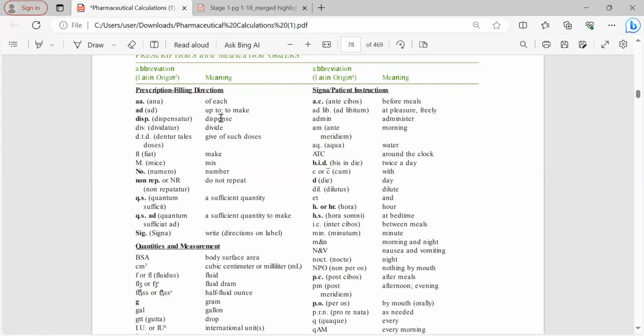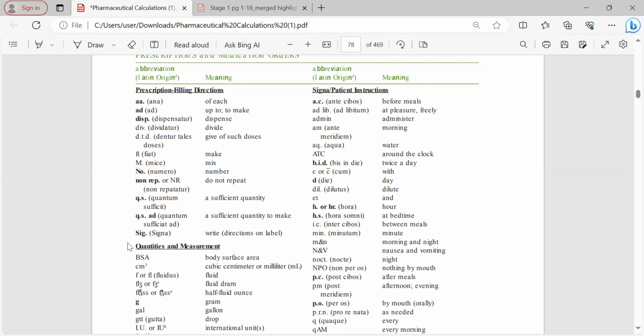Or instead of saying add to make, they'll use QS, to make a sufficient quantity. So they can use AD, QS, or QSAD to mean add this amount of water to make up to, or add a diluent, something like that. Those ones are important, I think. But for the other ones, please don't say I said they're not important.